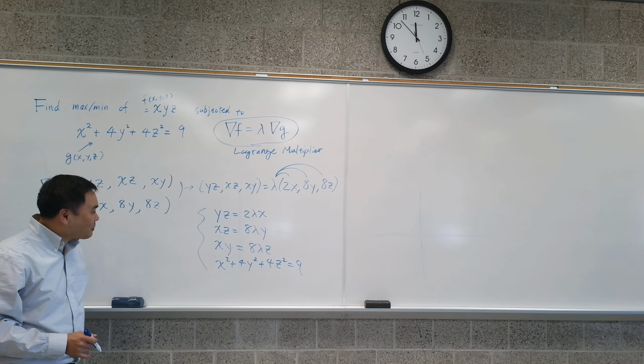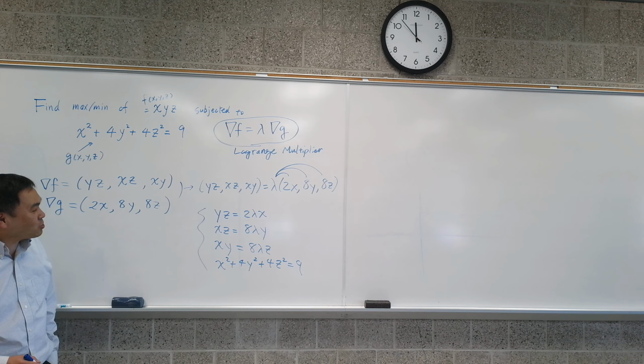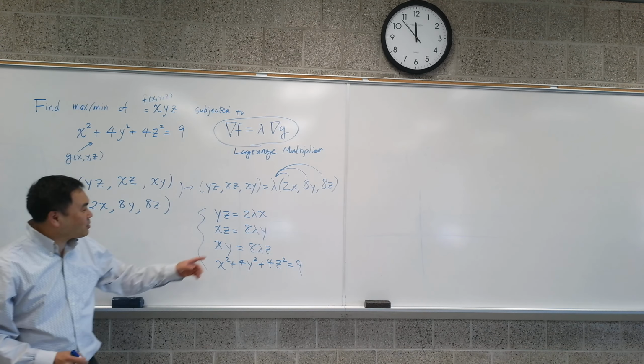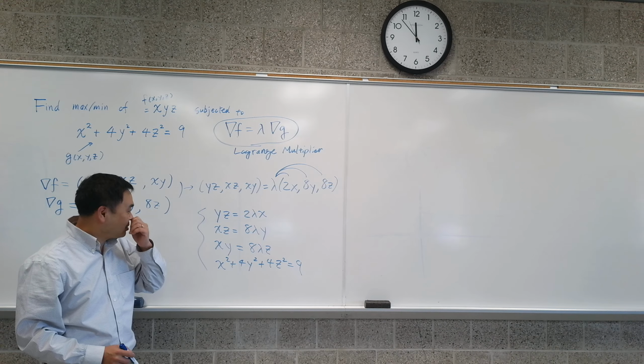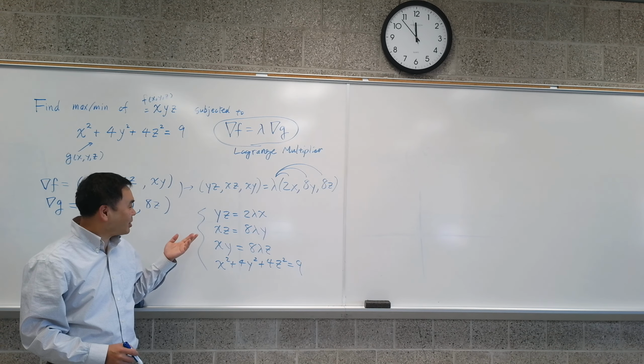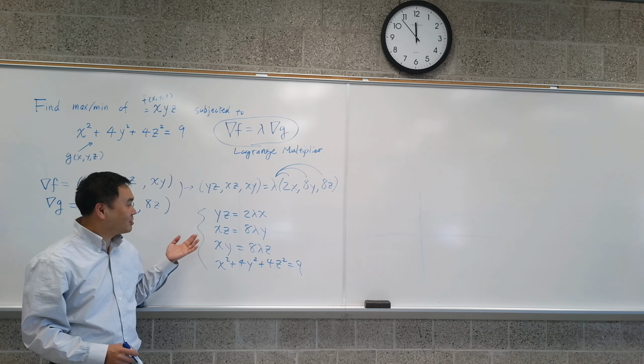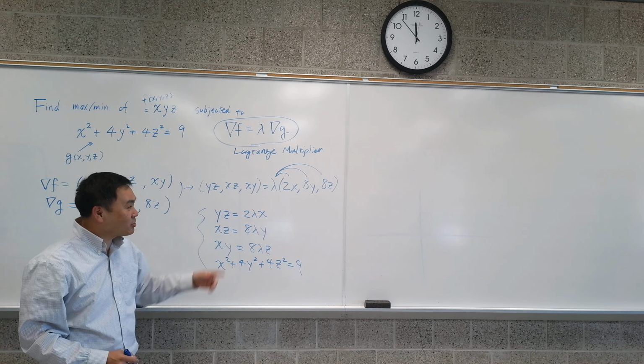Here's my suggestion. I'm going to solve the very first one for lambda. That's going to give us lambda equals yz over 2x, with 2x divided to the other side. Once you solve it, you plug it into the other formulas.